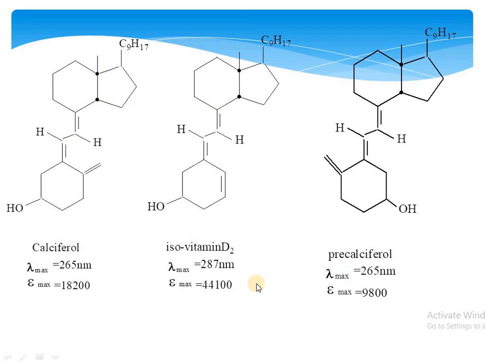Similarly, if we take up these 3 molecules, first is calciferol, second is isobenzene D2, next is precalciferol. In these examples, if we note carefully, all are examples of dienes.